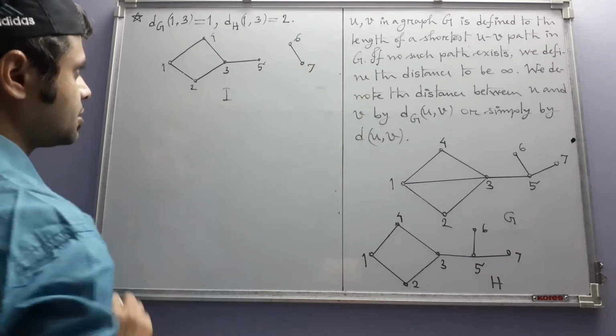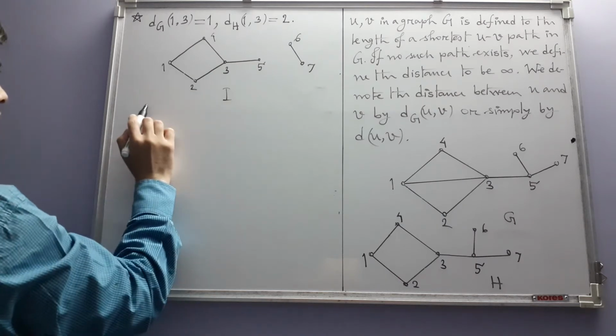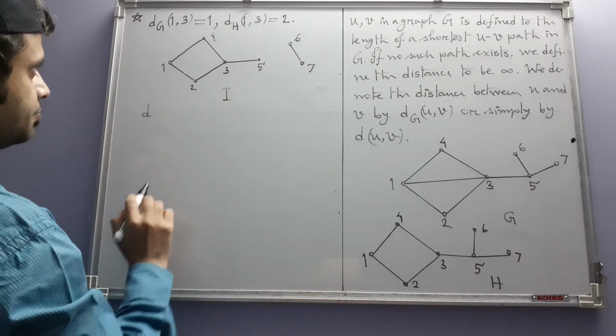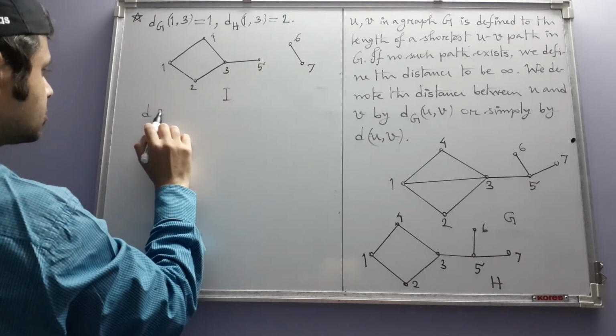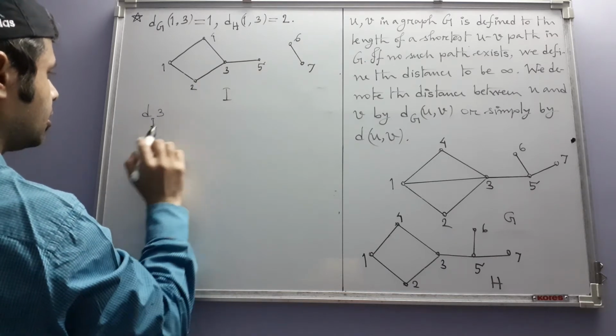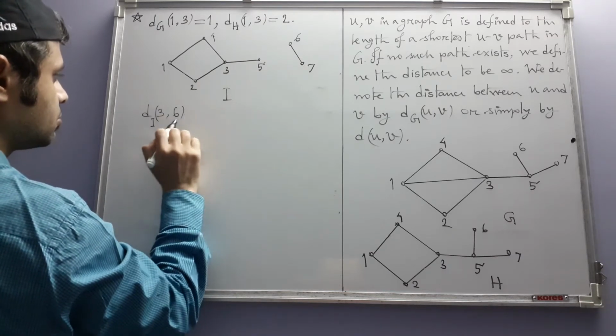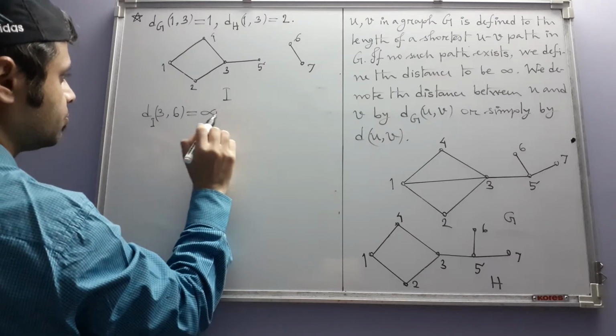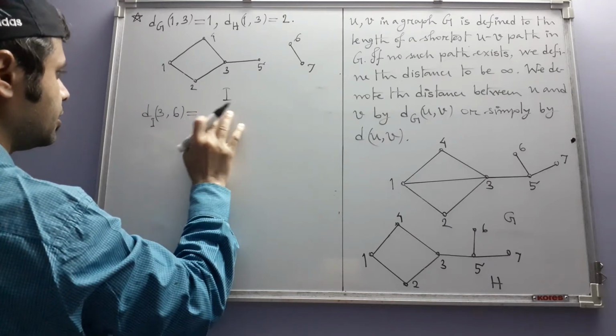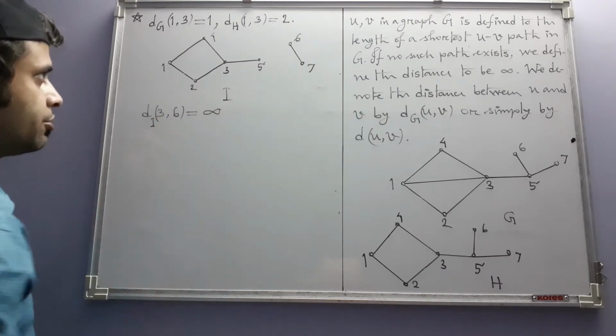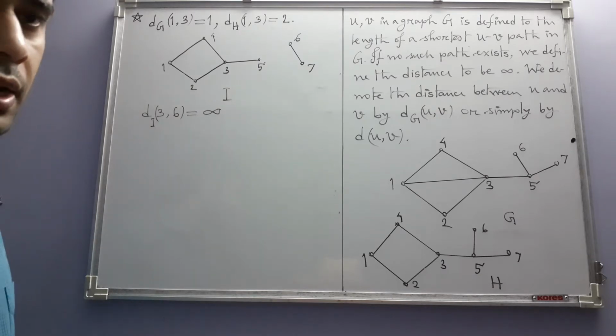So this graph is I. Then the distance between say 3 and 6 in I is infinity. There is no path joining 3 and 6 in I.